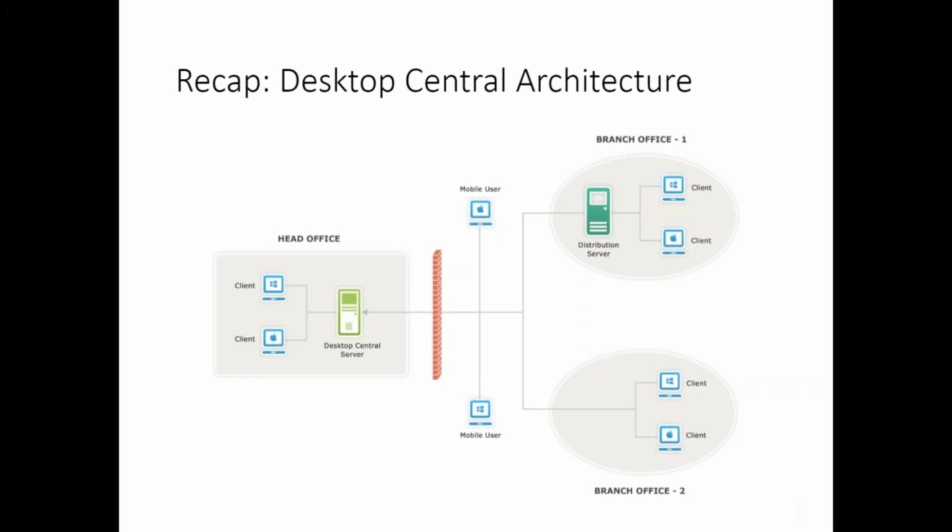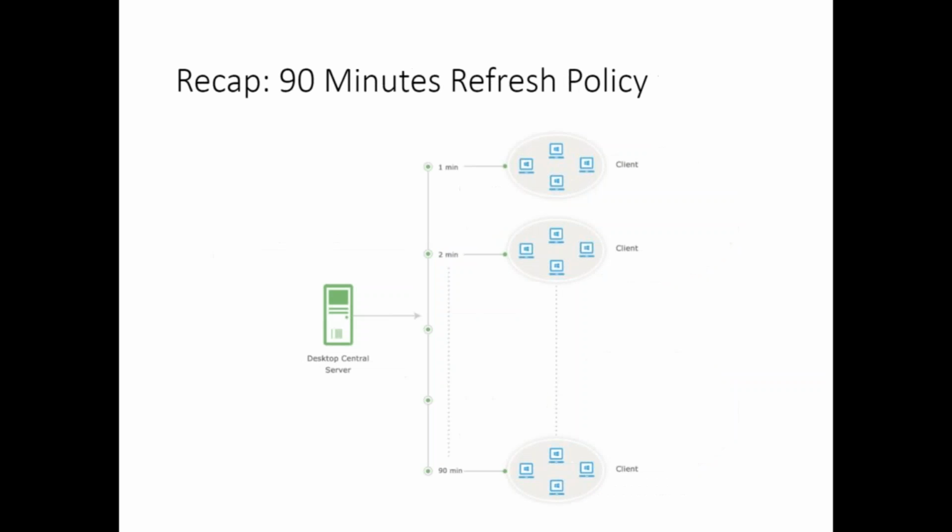We also support mobile users, which are basically the roaming users, the sales folks, the people who travel a lot and don't connect to your corporate network. Technically, you can even manage them over the internet by doing NATing on your firewall. So overall, you can manage local office machines, remote office machines, branch offices, as well as roaming users using Desktop Central.